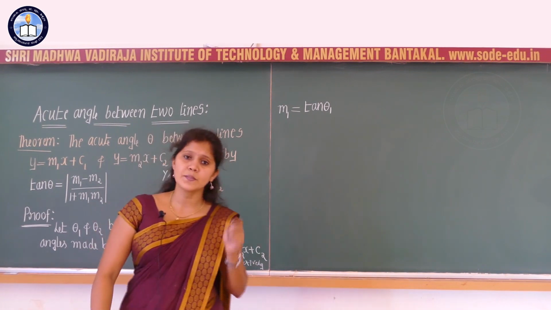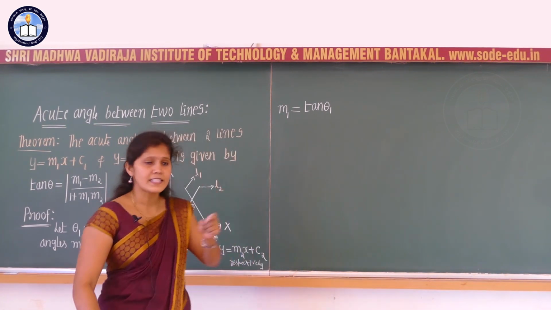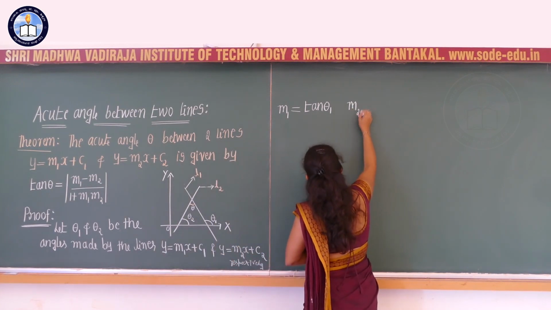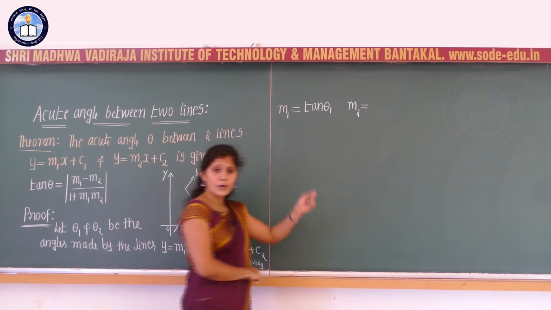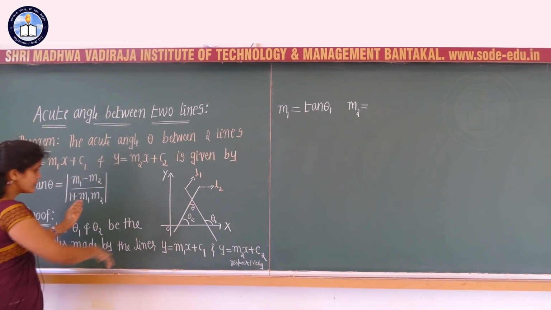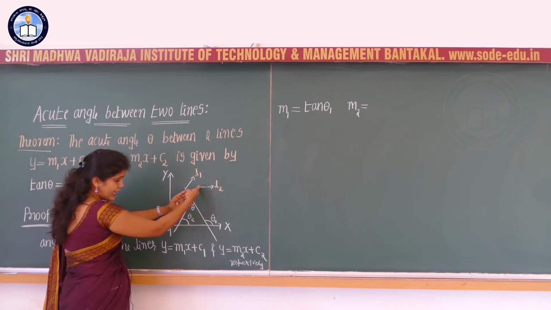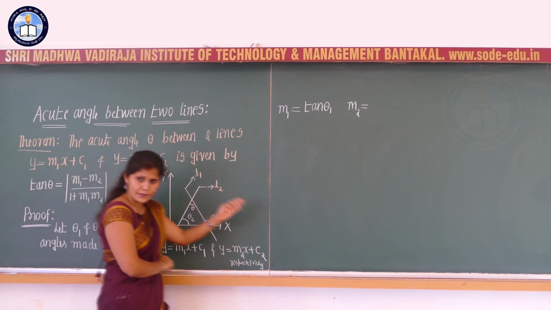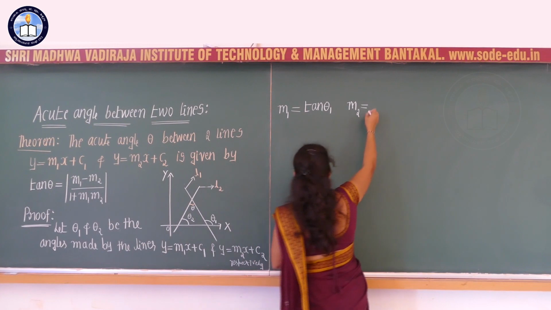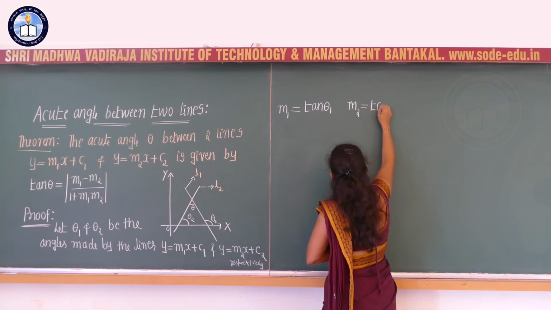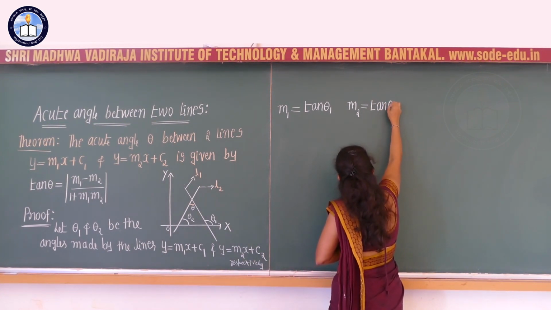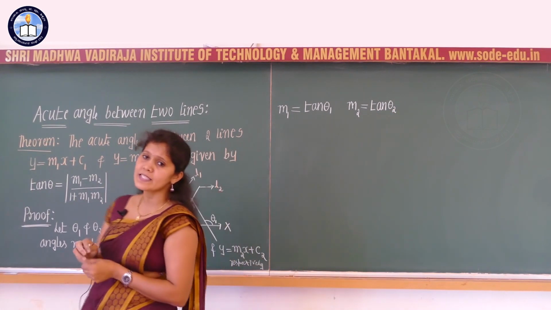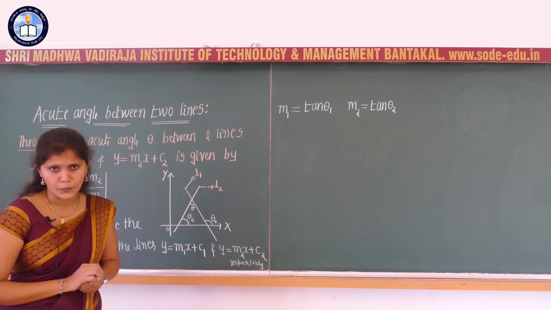So with respect to the diagram, m1 is equal to tan theta 1. And what is meant by m2? m2 is the slope of the second line. The line L2 makes an angle theta 2 with the positive direction of x axis. So m2 is nothing but tangent of theta 2, and already we have completed this definition, that is m is equal to tan theta, the slope of the line.